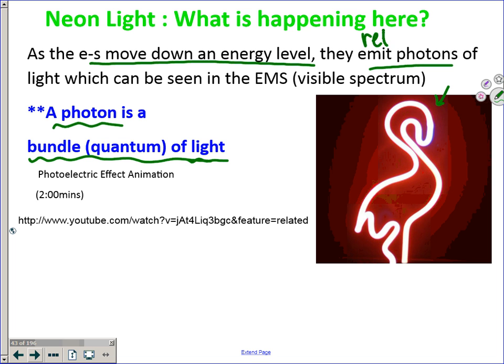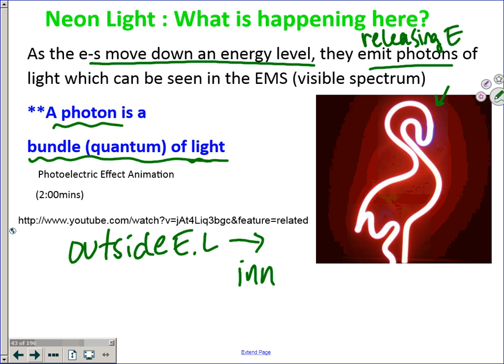They're releasing energy is another way to say that. So sometimes we'll say the same thing, but we say them in different phrases. So as electrons move down energy levels, this is a key point. As they drop from an outside energy level to an inner energy level, they release energy.